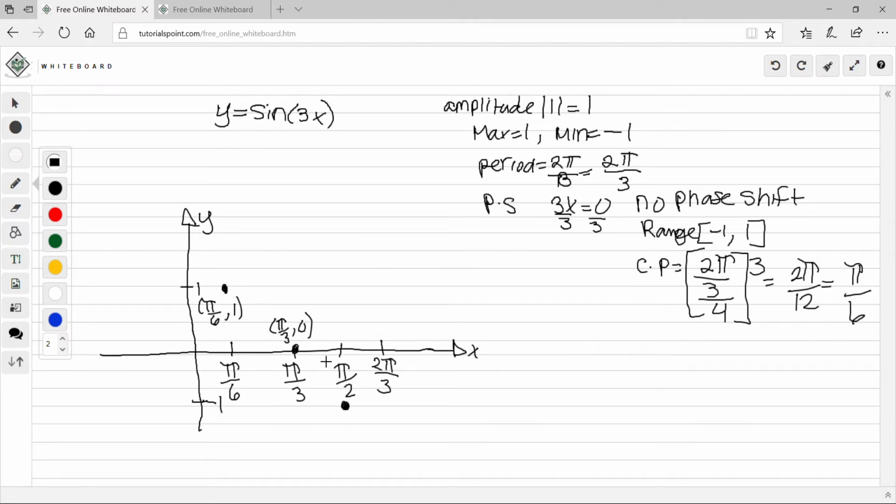I already did the work, so I know it's right, but if you're just starting out, just do the work. So this is pi halves, comma -1, and then 2 pi thirds will give you 0. And then over here, 0 will still give you 0. So when you graph it, it should look something like this.